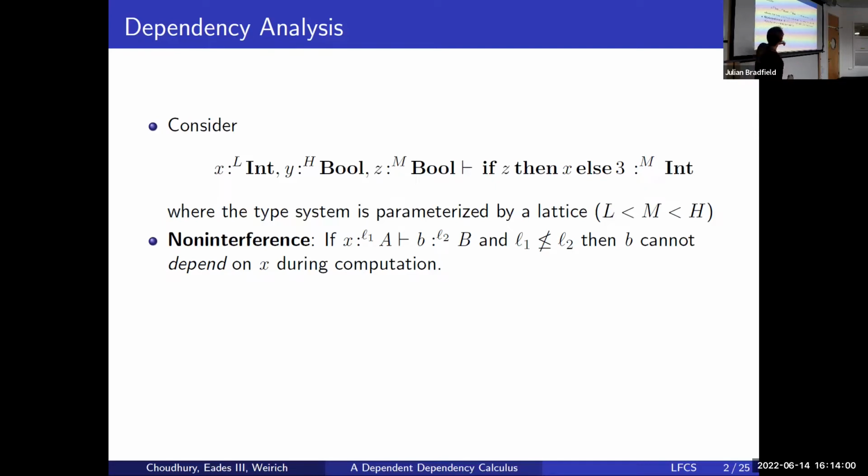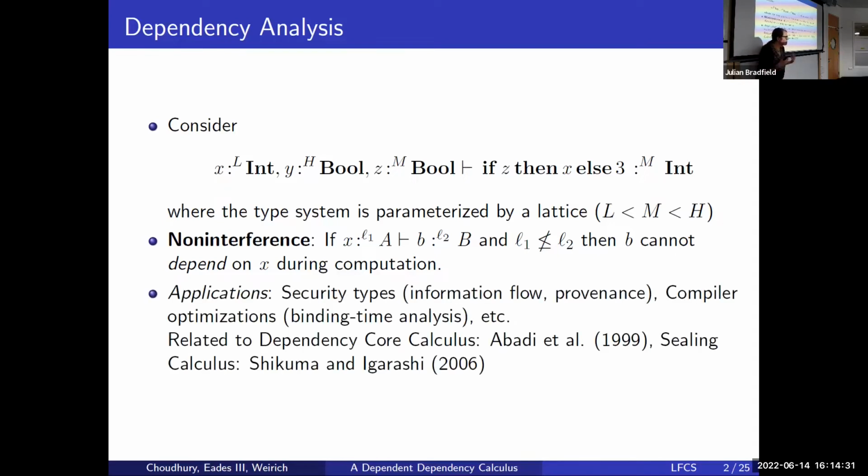If in our context we have X that has some level L1, and we type check a term B at level L2, and L2 is not greater than or equal to L1, so L2 can't observe L1, then this term B can't really depend on X. I'm going to make what depend means a little bit more formal in a bit, but this is the intuitive idea of what I want to get from the type system.